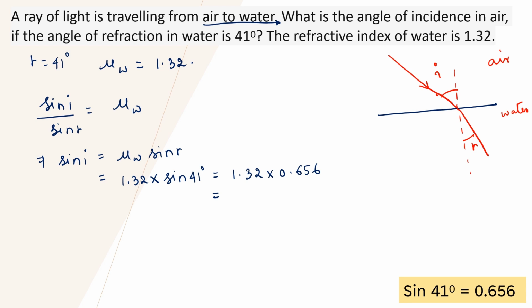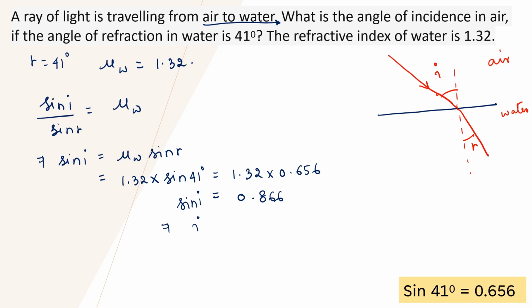Now this will be how much? 1.32 into 0.656. This will be approximately 0.866. So sin i is equal to 0.866.